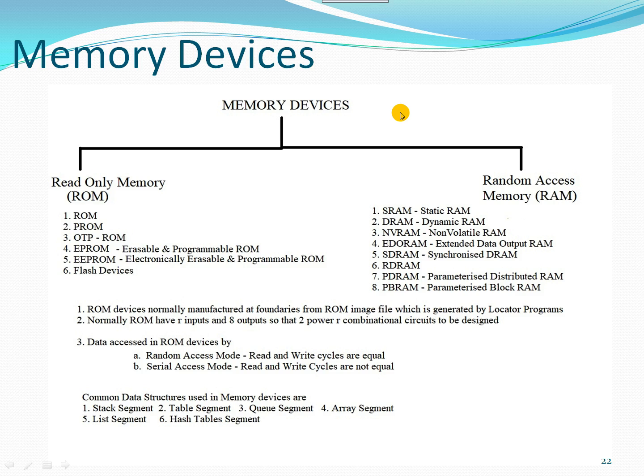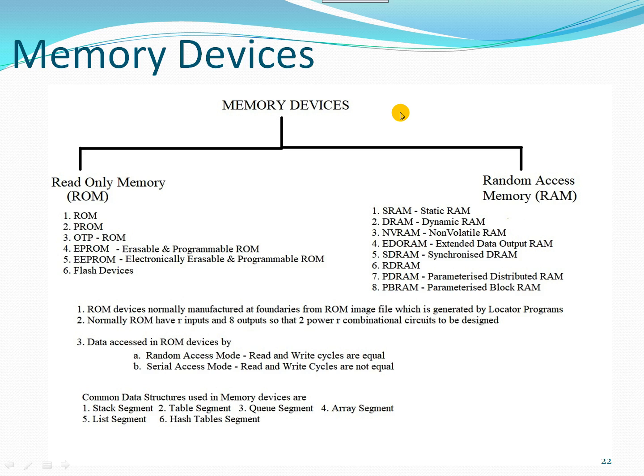So depending upon the memory requirements, we need to select what kind of memories we actually want to incorporate in those embedded systems. That is the topic that we are going to discuss in this particular video.